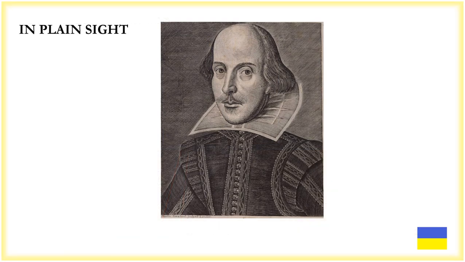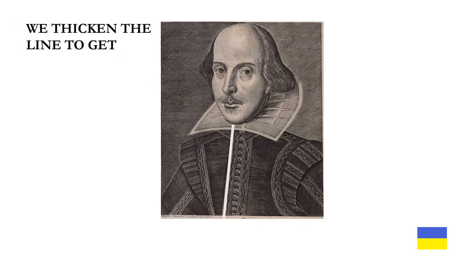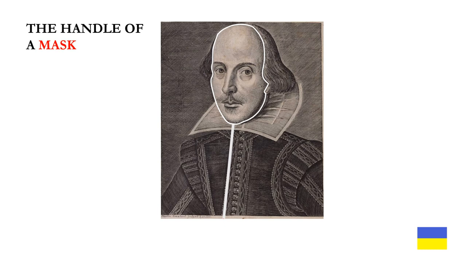Now I'm going to present something in plain sight. Something is hidden here in this button line, the first far left button line. We thicken the line to get the handle of a mask.